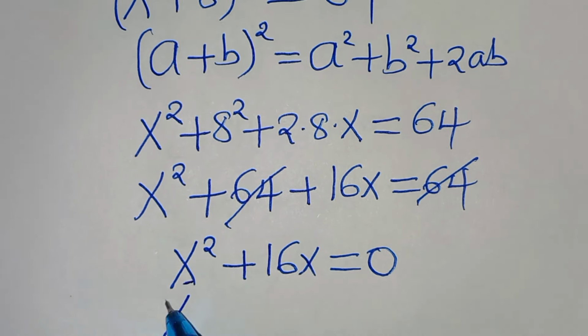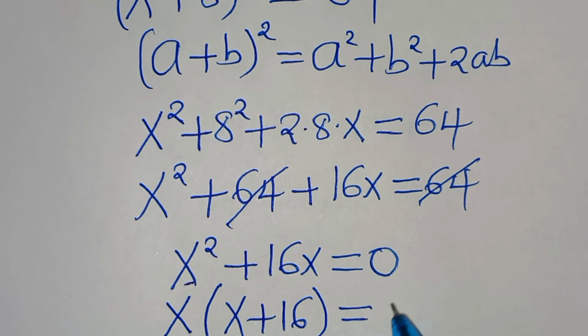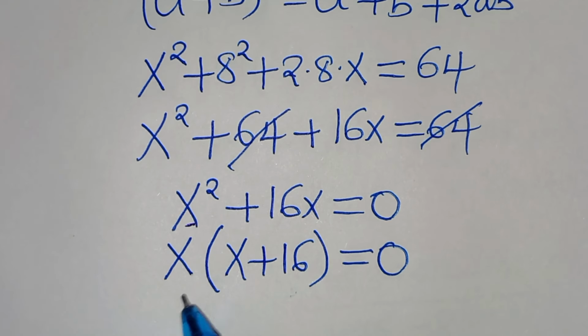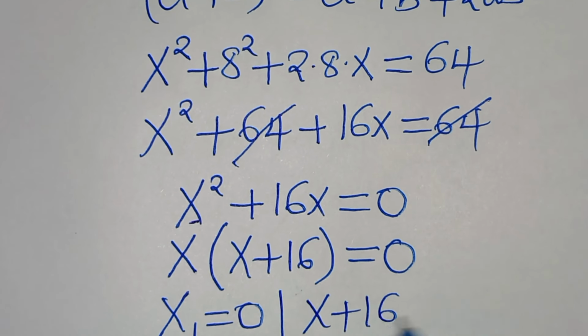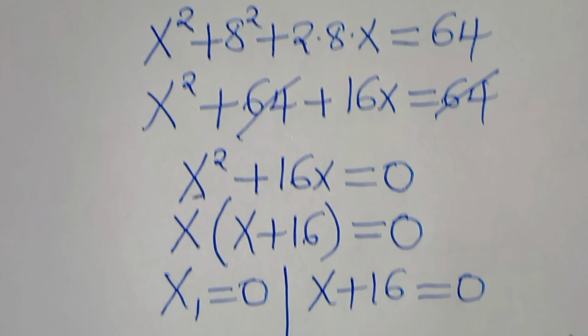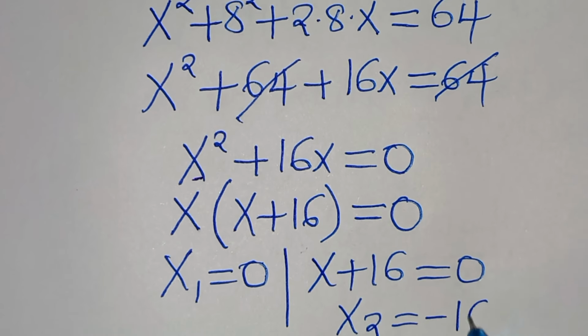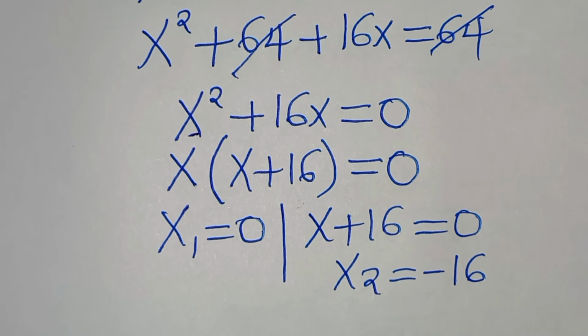We can factor out x, so that now we have x(x + 16) equal to 0. So we have got two parts here. We have that x1 is equal to 0, and x + 16 equal to 0, so x2 is equal to minus 16. x1 is 0, x2 is minus 16.